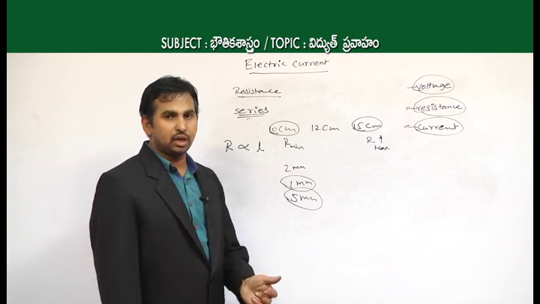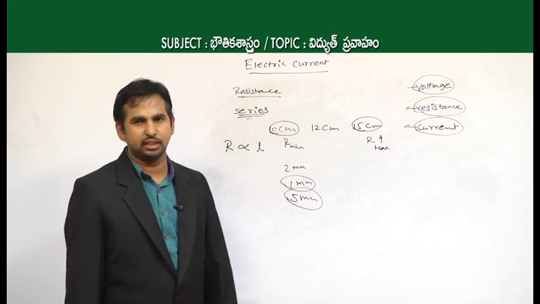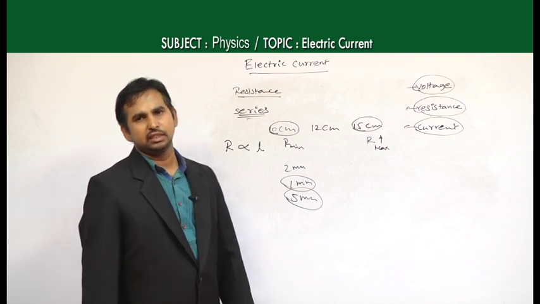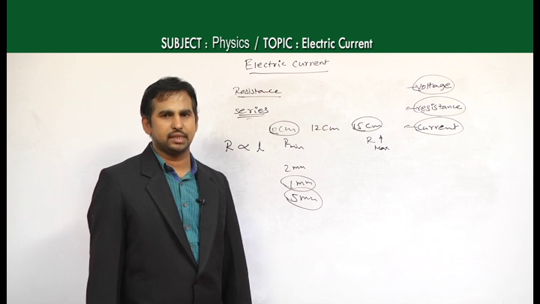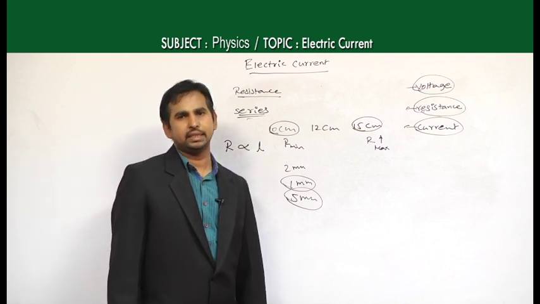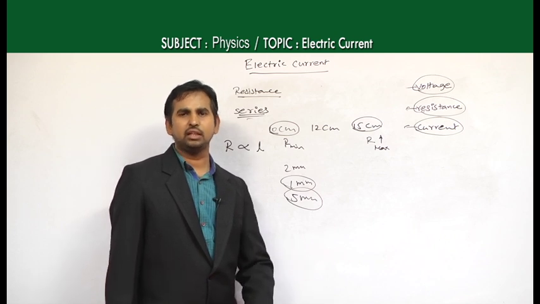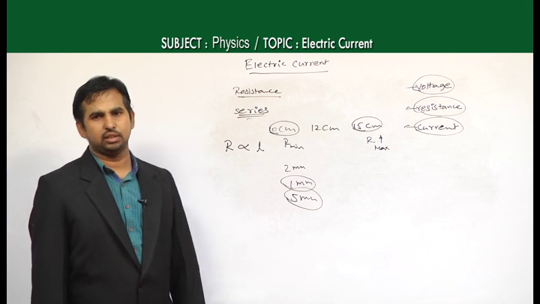And if you want less current, we have to take more length. If you have more length, the resistance value gradually becomes more, so the passing of current is less. So depending on the length and the area, the resistance value changes.